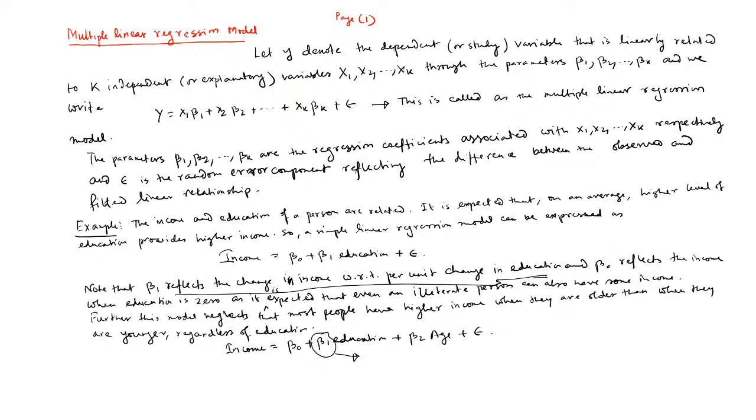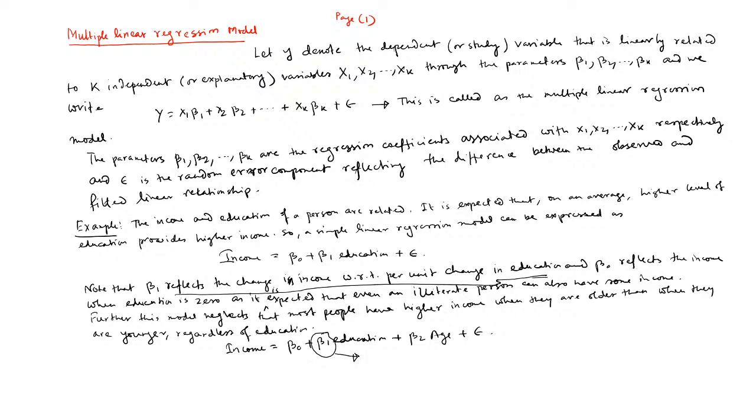Similarly, we can interpret beta 2 as the change in income with respect to per unit change in age when education is kept fixed. So in that way we can interpret beta 1 and beta 2.